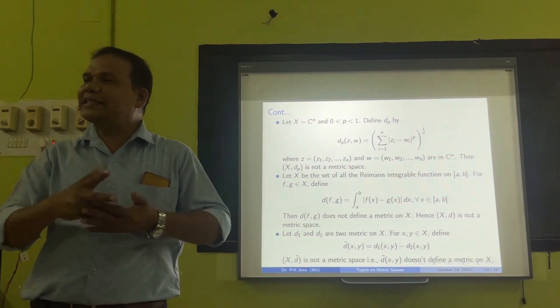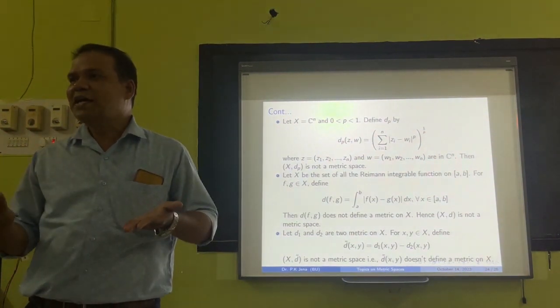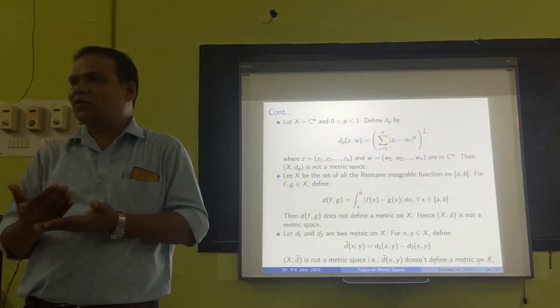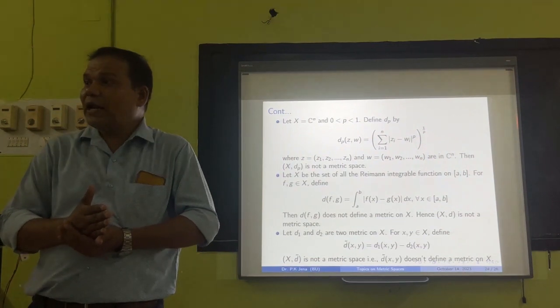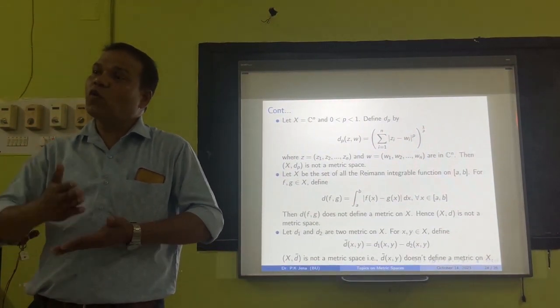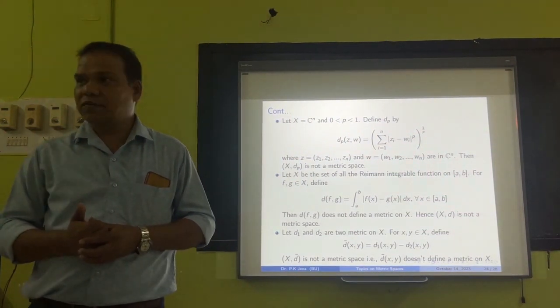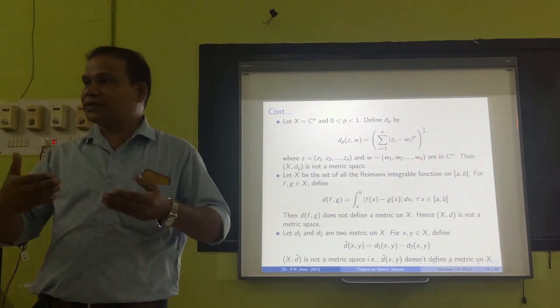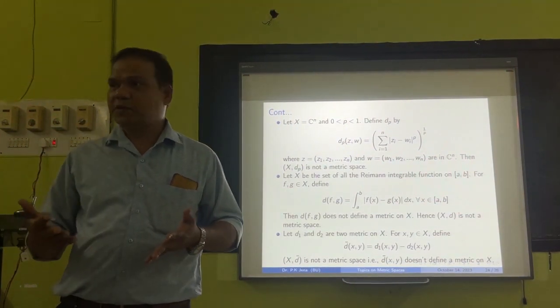At least you have the discrete metric: D of x, y is 0 when x is equal to y, and D of x, y is 1 when x is not equal to y. So I mean to say that on a non-empty set X, you can define more than one metric. With this we wind up the discussion on the topic of metric space.